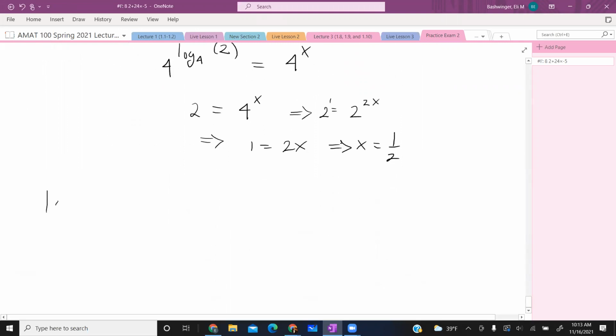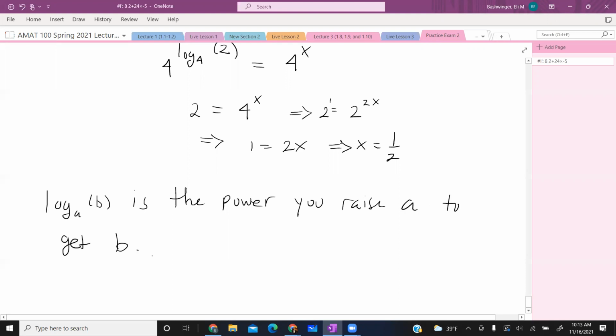So more generally, log base a of b is the power you raise a to get b. In other words, a to the log base a of b is equal to b.